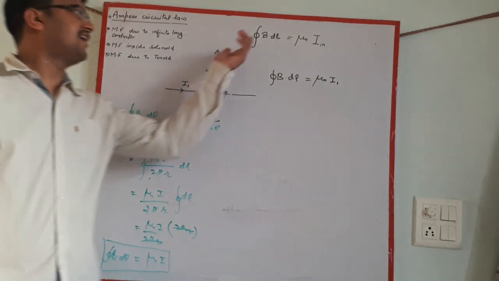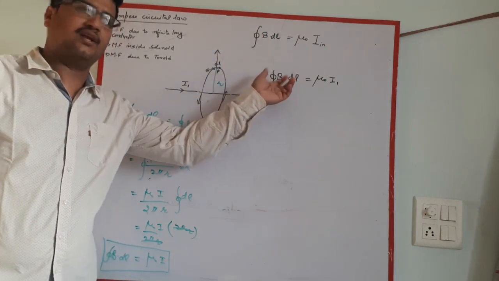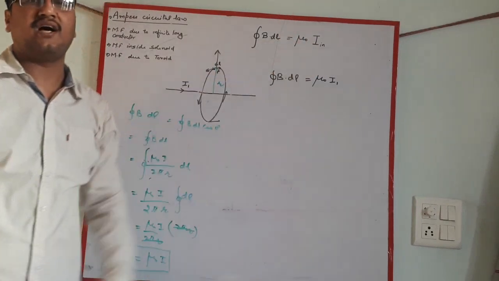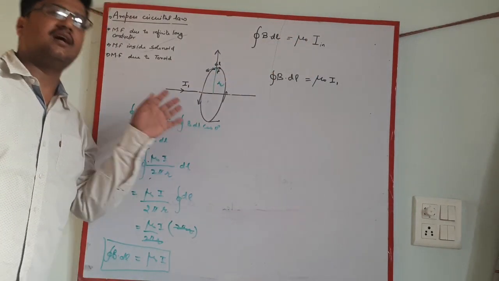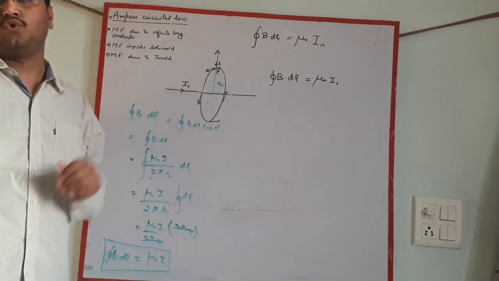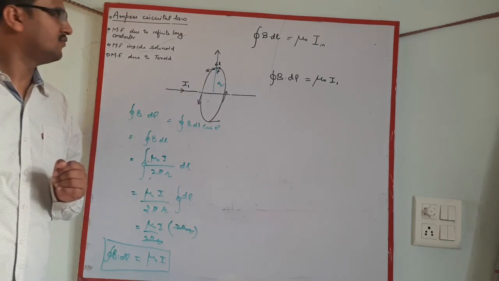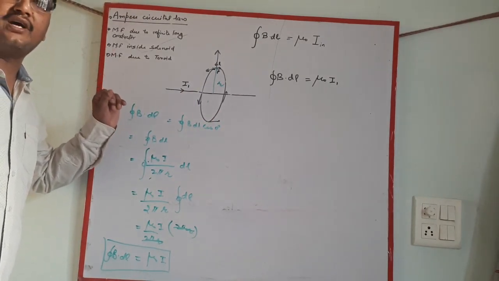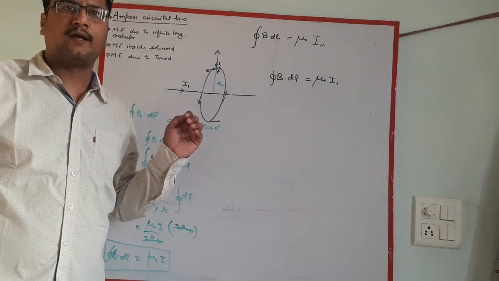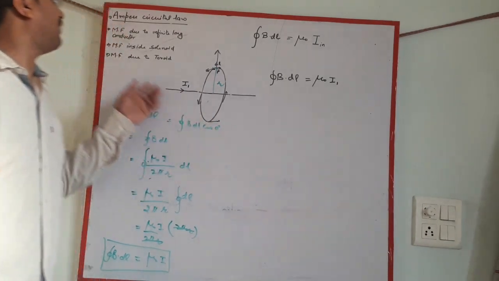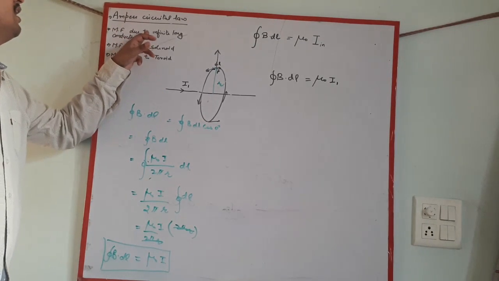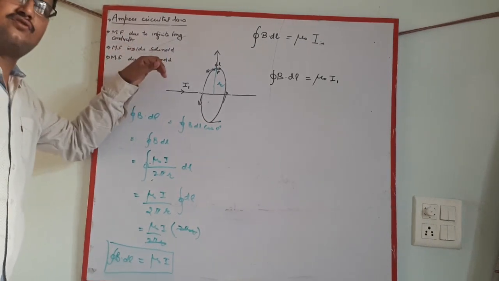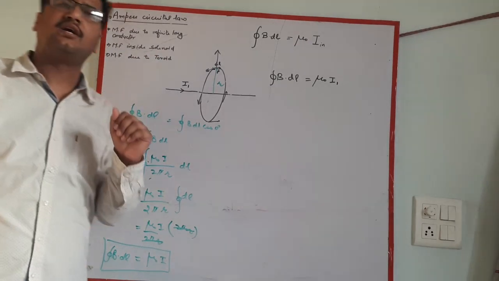The line integral of the magnetic field over the closed loop is equal to mu naught times the current passing through the loop. So this was Ampere's circuital law. It can be used to find the magnetic field due to an infinite long conductor, or the magnetic field inside a solenoid, or the magnetic field due to a toroid.